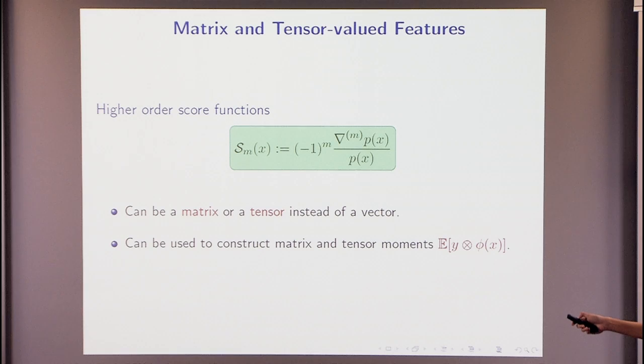If x is a vector, the second order version would be a matrix, the third order score function is a tensor, and so on. Now if we incorporate them into constructing these cross moments, we get a whole hierarchy of moments, ranging from matrices to higher order tensors. This way we have the flexibility to have moments of any order.